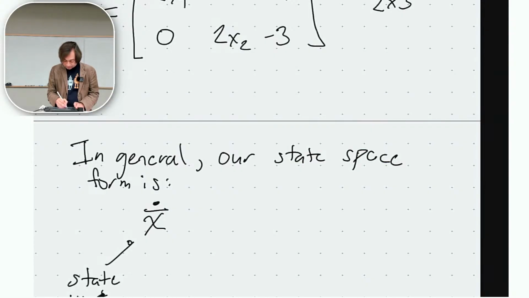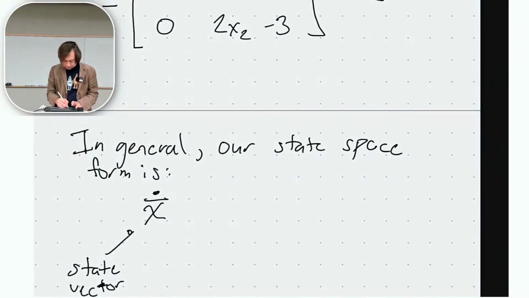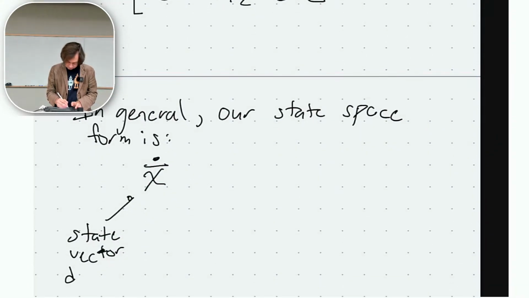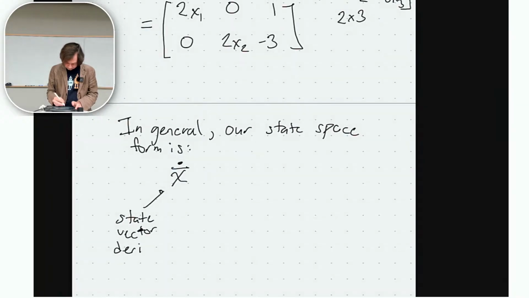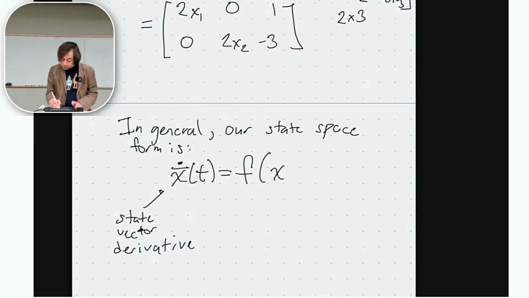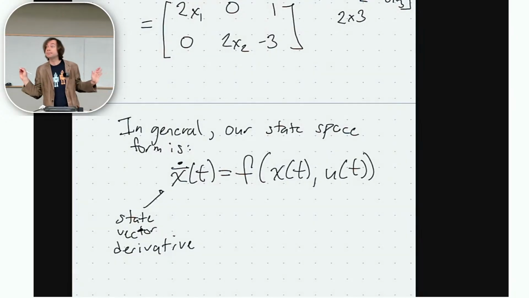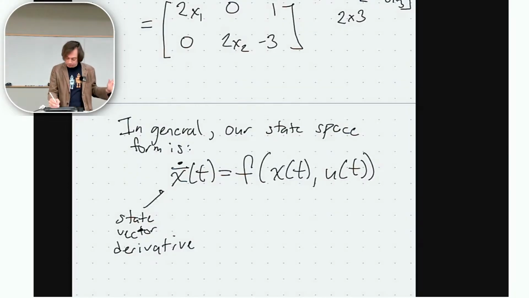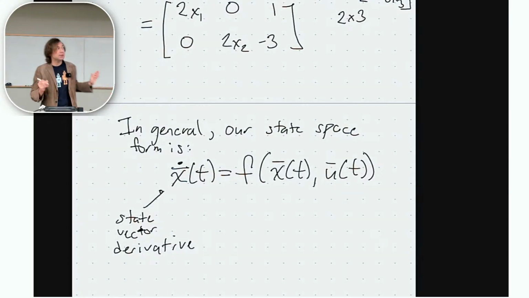Again, the dot is the derivative, of course. x dot of t is some function of x of t and u of t, right? That's why we write our state space form. And I forgot my little bars on the vectors, apologies.